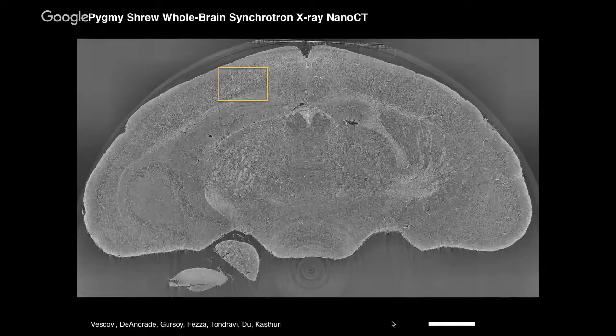In fact, EM samples are very good samples for X-ray nano CT. So I'm going to show you some results from my collaboration with Bobby Kastleri, Raphael Vescovi, and others at the Advanced Photon Source at Argonne National Labs.